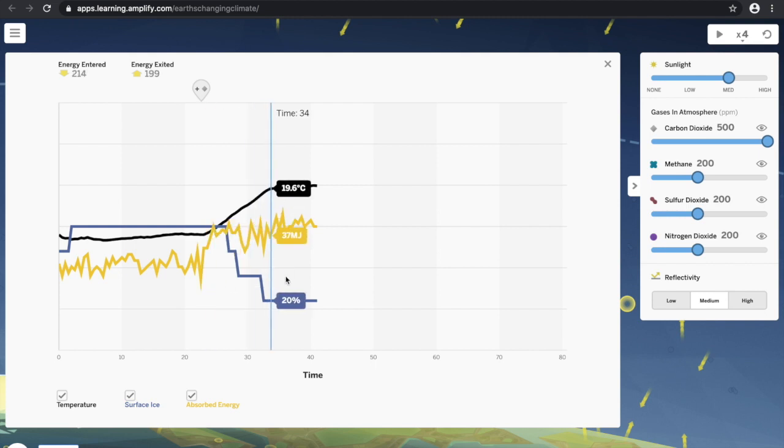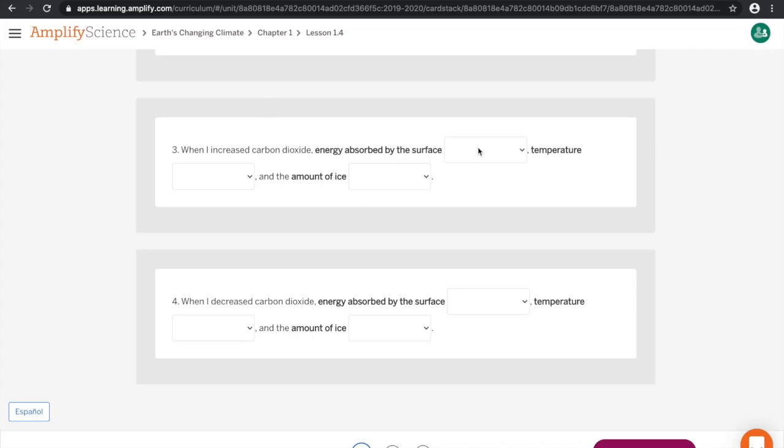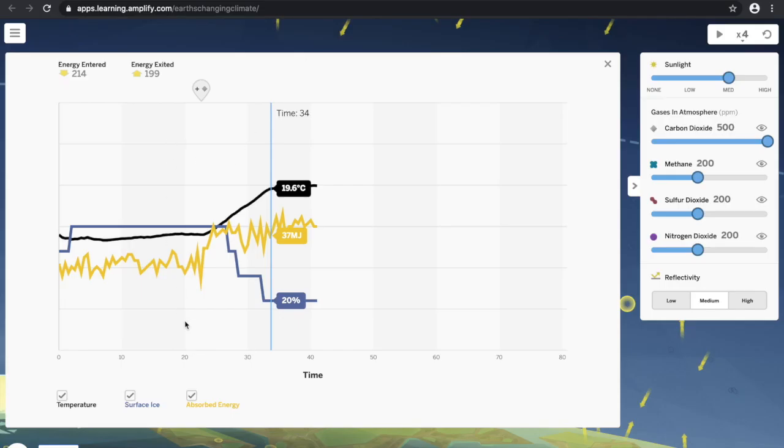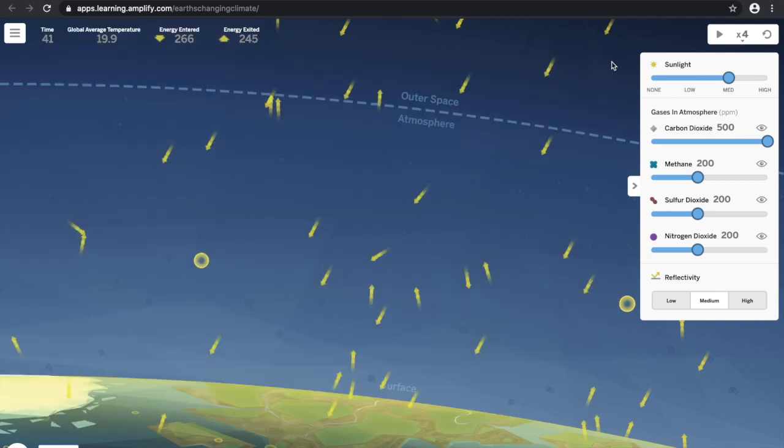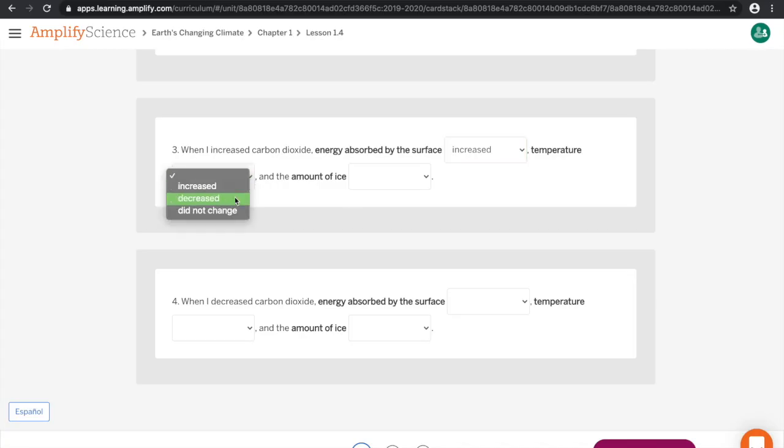So when there was more sun absorbed, the ice melted, which makes sense. So the energy absorbed increased. The temperature, let's go back and take a look at that. It started at around 14 and ended at 19.9. So that also increased. And the amount of ice decreased.